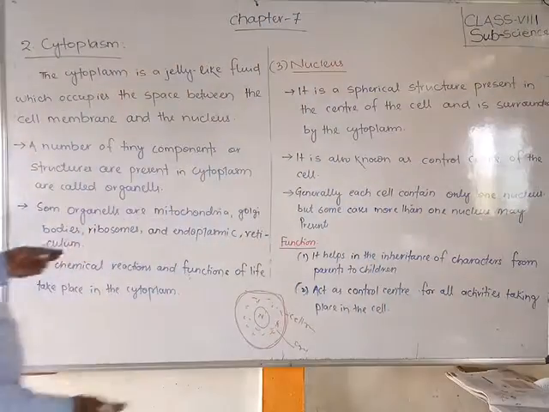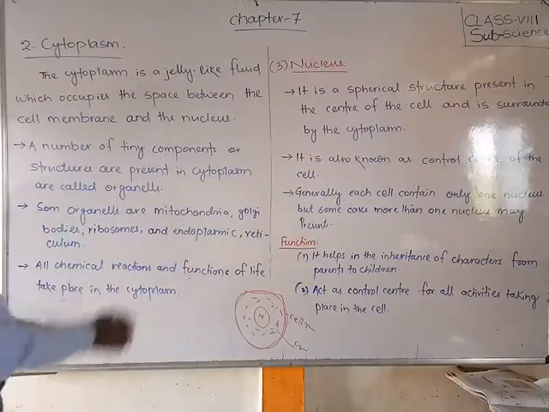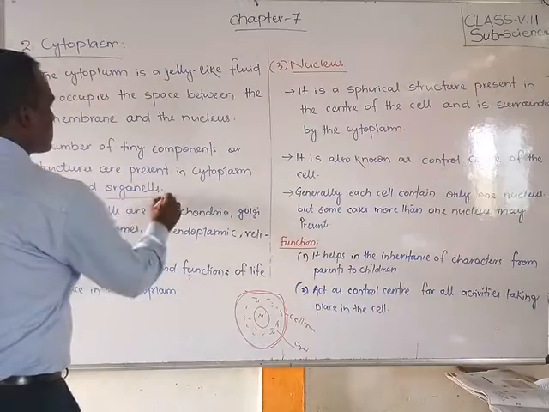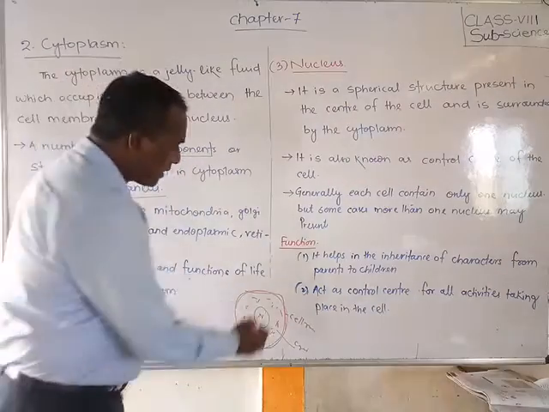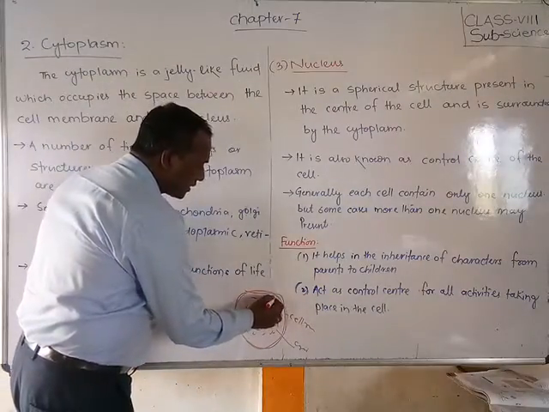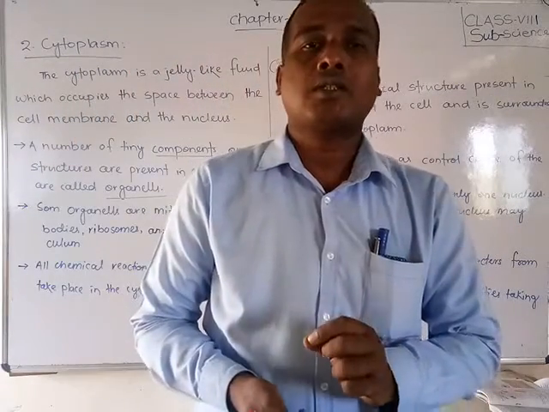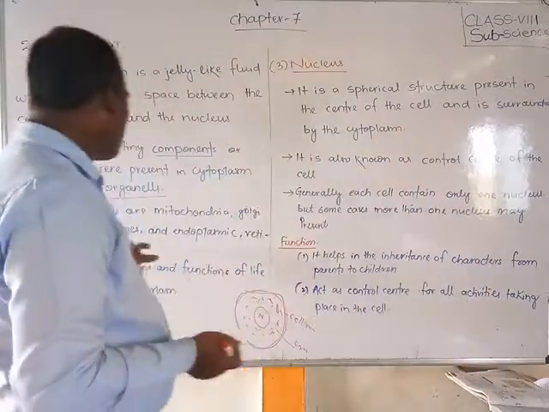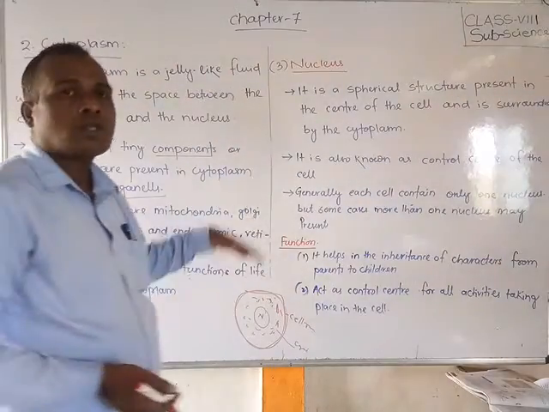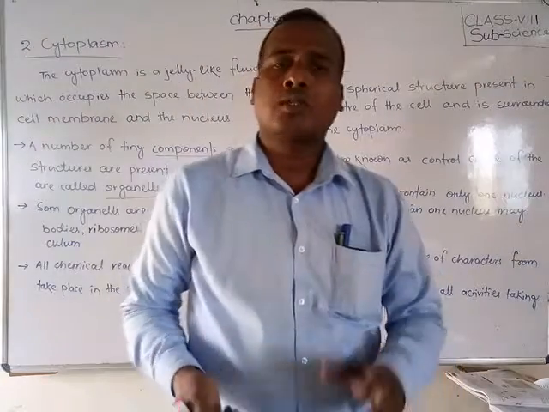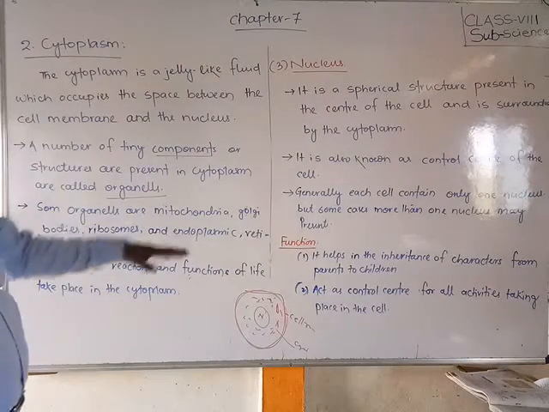Next, a number of tiny, small components or structures present in the cytoplasm are called organelles. Some organelles are mitochondria, Golgi bodies, ribosomes, and endoplasmic reticulum.